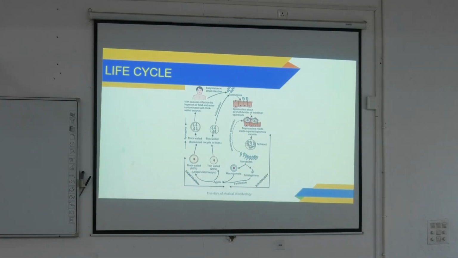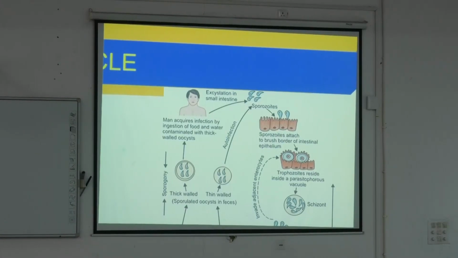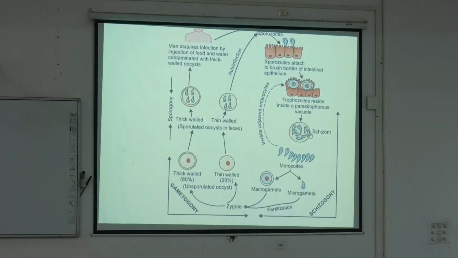Man acquires the infection by ingestion of food and water contaminated with thick walled oocysts. The oocyst is the infective form. Then sporozoites are released after ingestion and attach to the brush border of the intestinal epithelium, then form trophozoites. Trophozoites reside inside a parasitophorous vacuole and then form schizonts. From these schizonts, merozoites are released. The merozoites have gamete forming capacity.